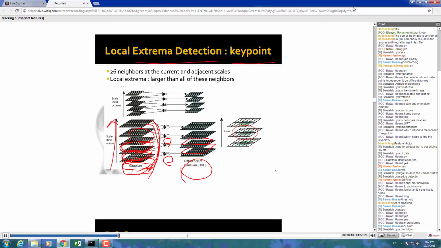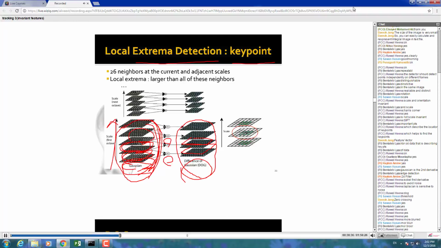For example, if we have a scale space of five Gaussian images with different sigma, then by subtracting at every level, we can generate four DOG images. Is that clear?